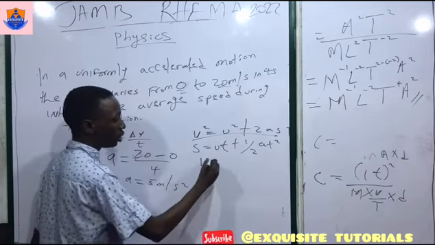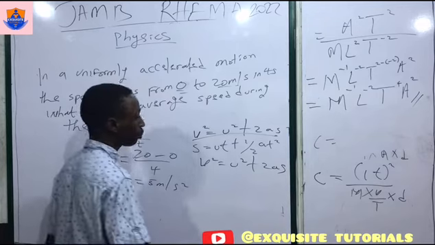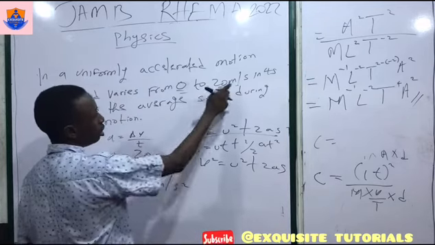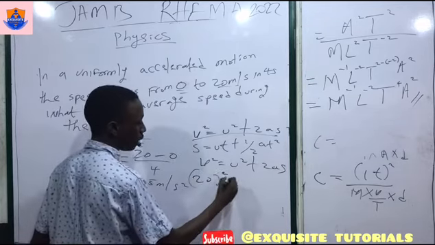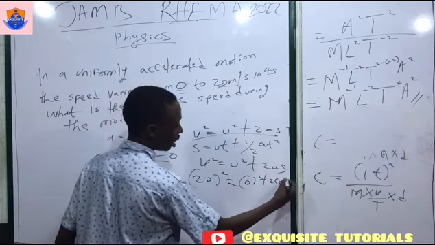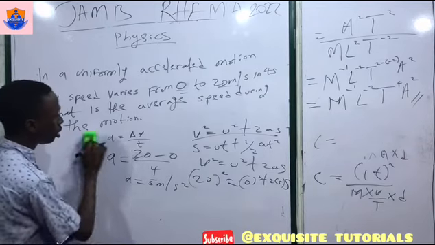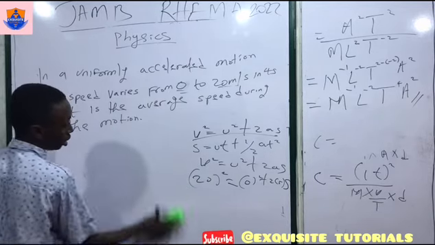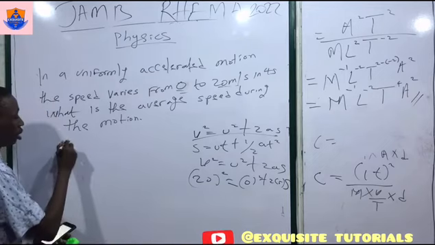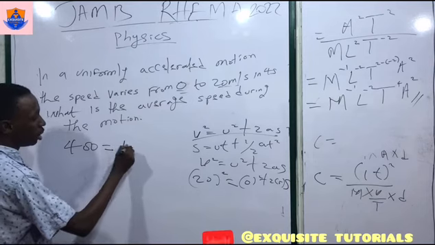Now say v square is equal to u square plus 2as, right? Now we can say 20 square is equal to 0 square plus 2 into 5 times s. So now we can say that 400 is equal to 10s.